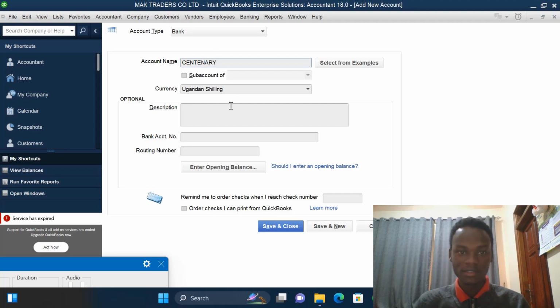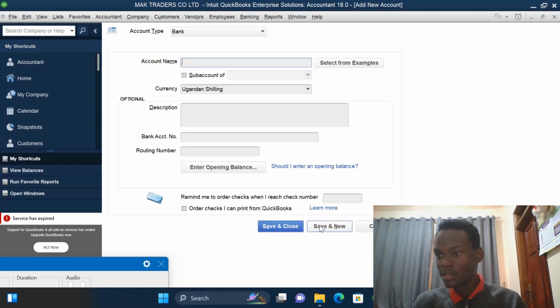Our currency is Ugandan shillings. The account number is, no, sorry, it's 950011. We don't have an opening balance, so we'll save and new because we have another account to create.